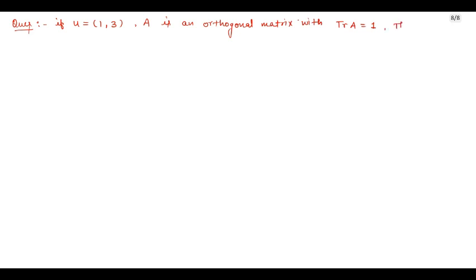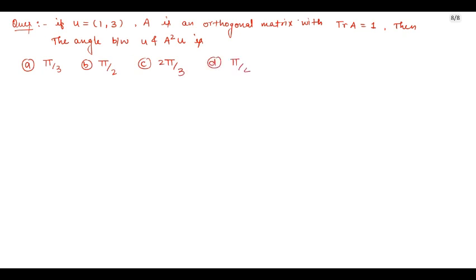Clear? Then the angle between u and A square u is, what is the angle? Option A: pi by 3, option B: pi by 2, option C: 2 pi by 3, option D: pi by 4.